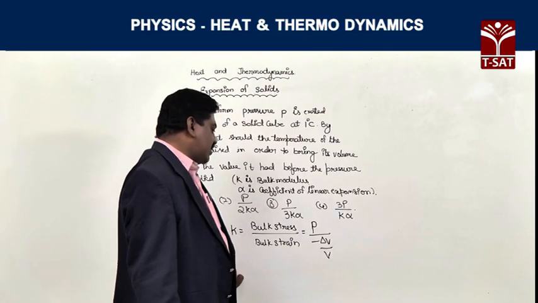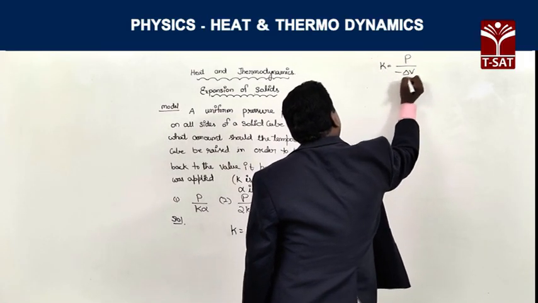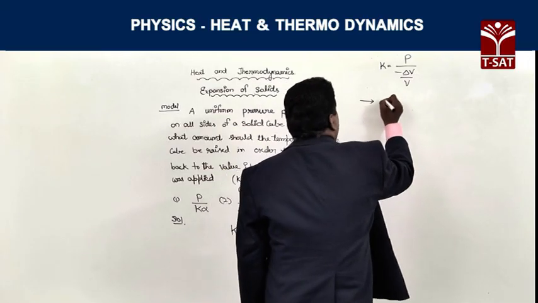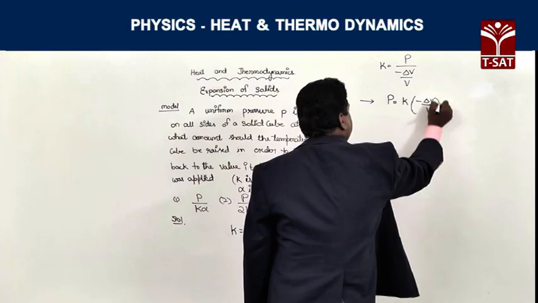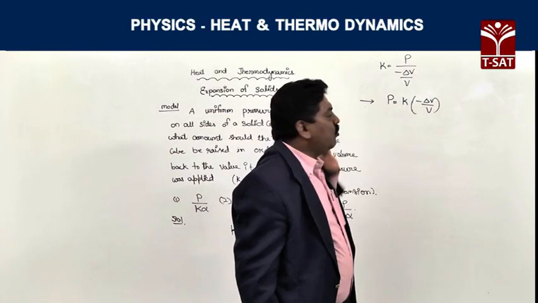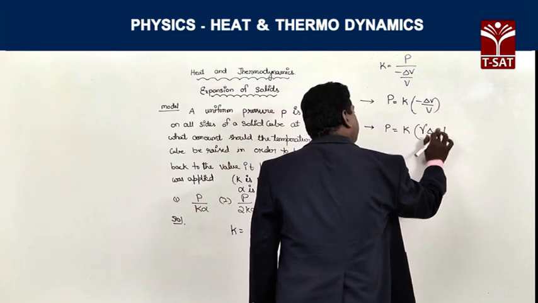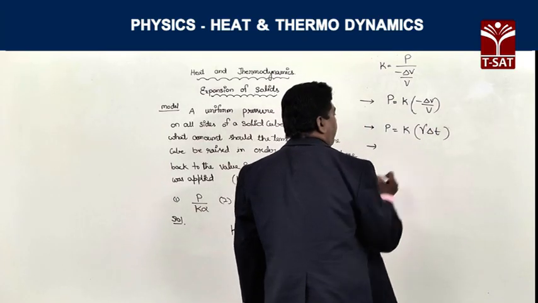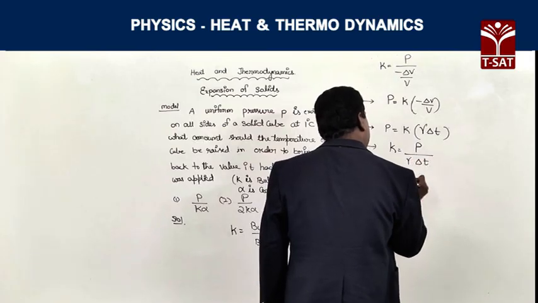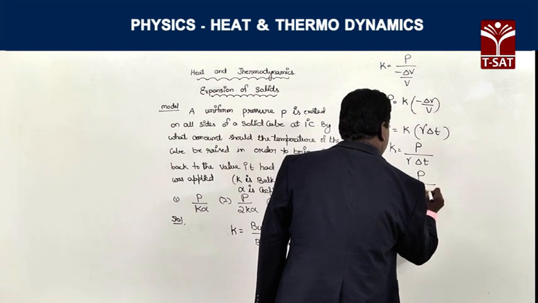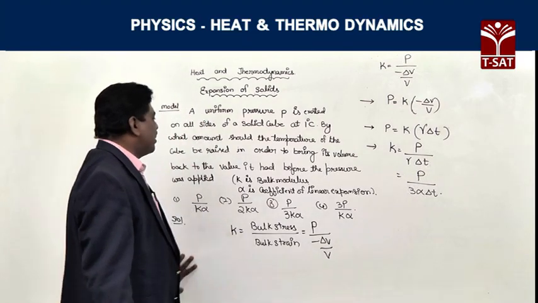So, we have K equals P by minus delta V by V. This implies P equals K into minus delta V by V. And here the change in volume per unit volume can be substituted as gamma into delta T. So, we have K equals P by gamma delta T. Put gamma equals 3 alpha, so we have P by 3 alpha delta T as the K value.